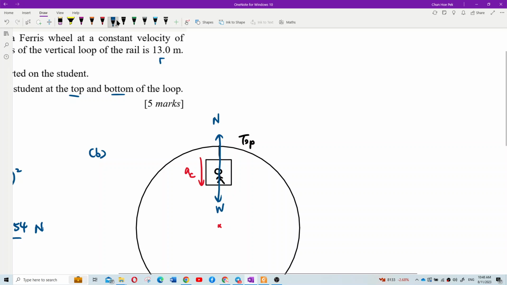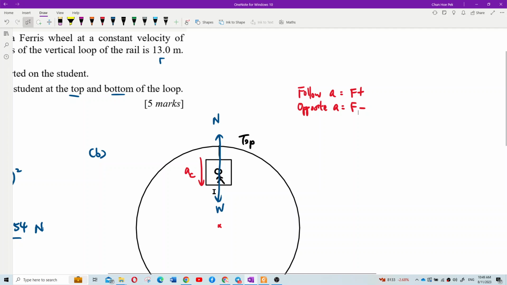So at the top, remember, follow as in chapter 3, forces. Follow acceleration, F is positive. Opposite acceleration, F is negative.